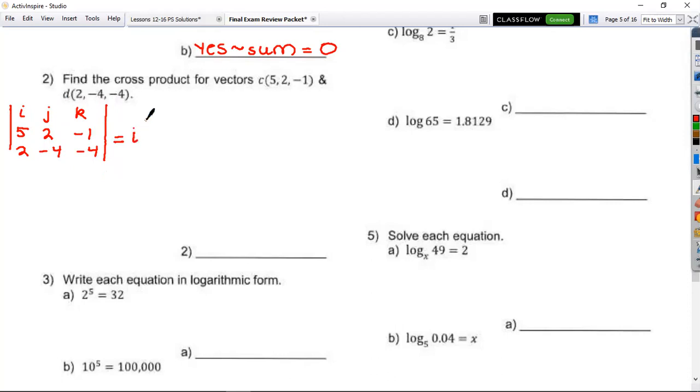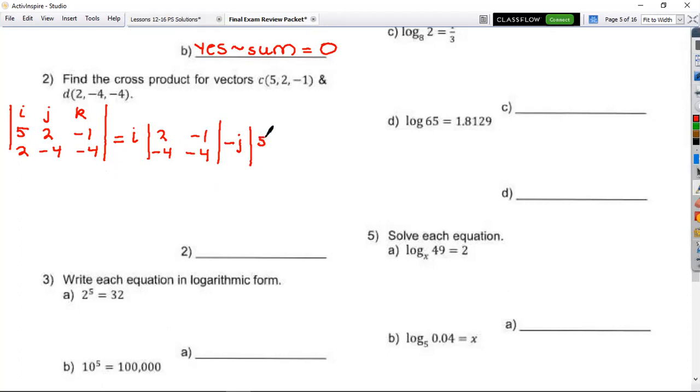And then what you do is you're going to cover up that column, cover up that row, and your resulting determinant is made up of 2, -4, so 2, -4, -1, and -4. I guess I'll write all these out first. So next one, you're going to switch your sign and you're going to go -j, and then you're going to cover up that row and this middle column.